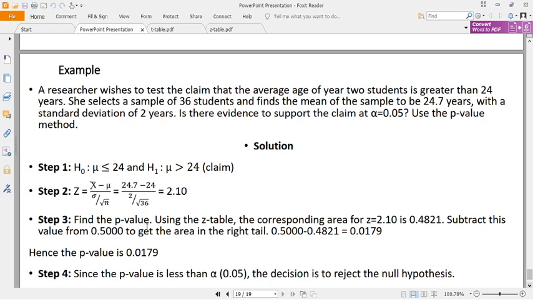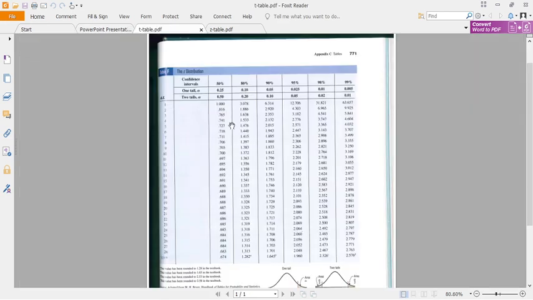Then we find the p-value. So using the Z table, the corresponding area of the Z value, or test value, will be, so we look for 2.1 in the Z table. Okay, the Z table is here.